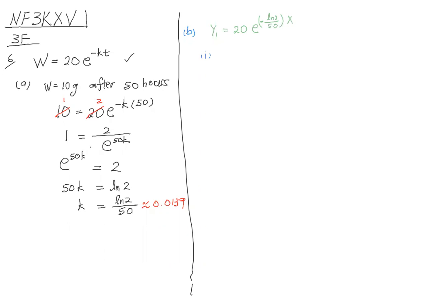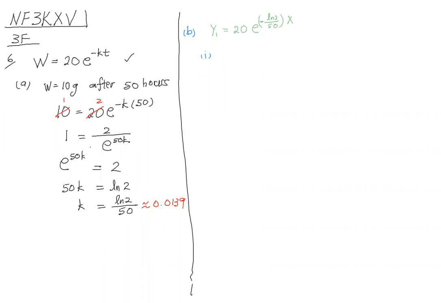So part 1, how should I write the answer? Christopher? Yes, miss. How should I write the answer for part B, part 1? T equals 0.